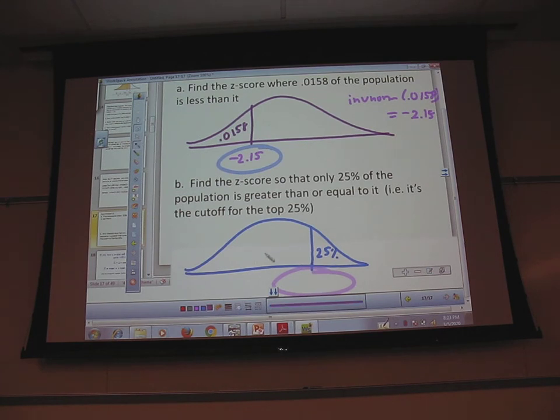What's the area on the left side? 75%, 0.75. So what are you guys going to do then? Inverse norm of 0.75. And what did you get? 0.67 when you round. Good.